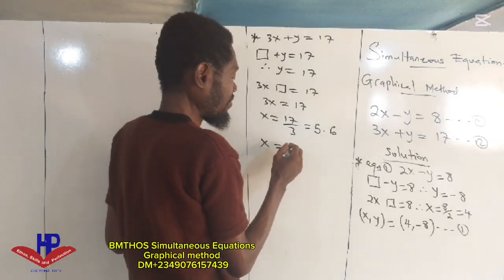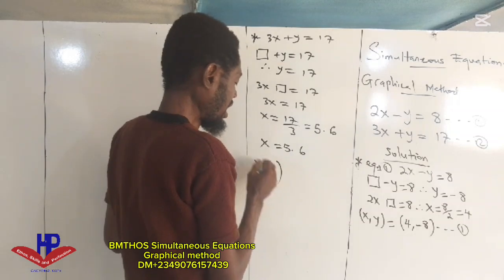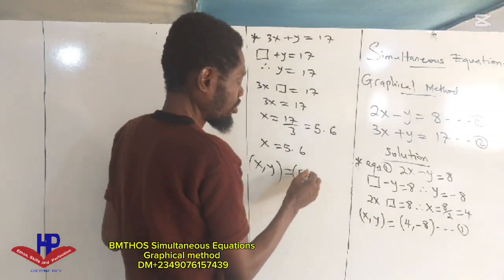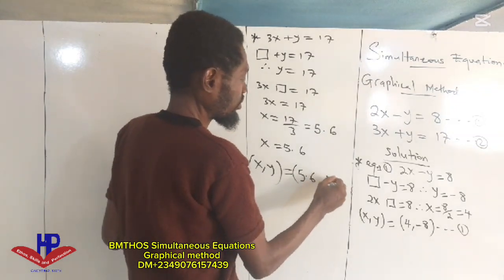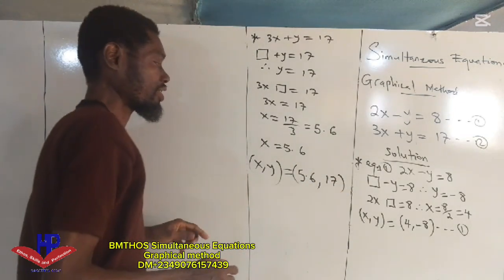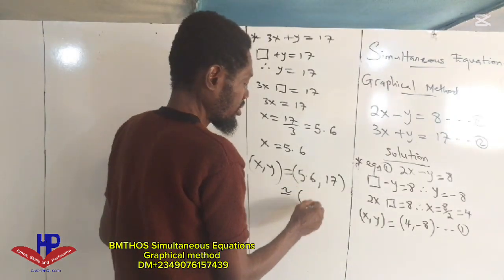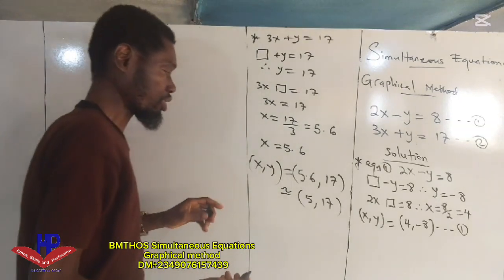So x is 5.6. So the coordinates of x and y in equation 2 are 5.6 and 17, or let me just say by approximations, 5 and 17. That is what we wish to have.